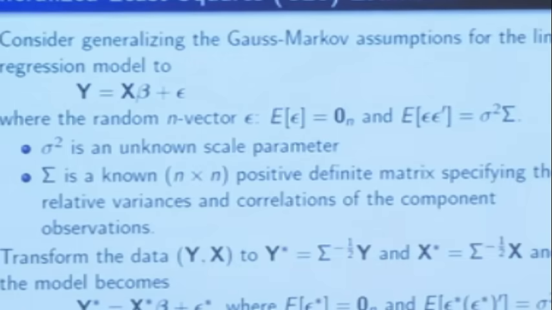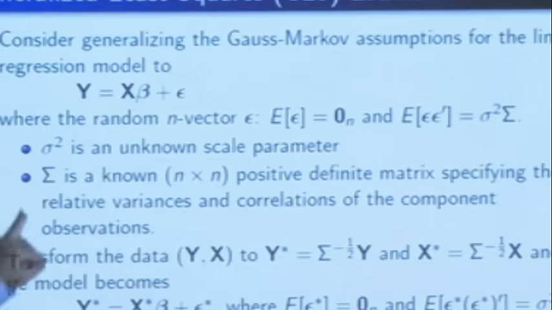Well, in order to solve for regression estimates under these generalized Gauss-Markov assumptions, we can transform the data y, X to y star equals Sigma to the minus a half y, and X star, which is Sigma to the minus a half X. And this model then becomes a linear regression model in terms of y star and X star.